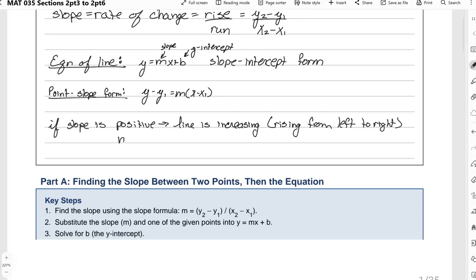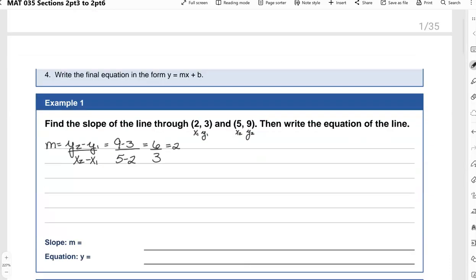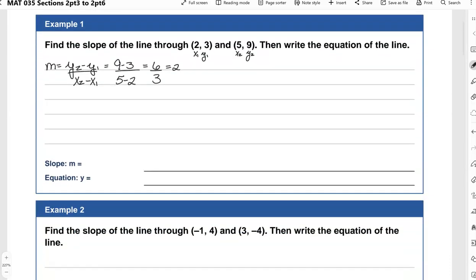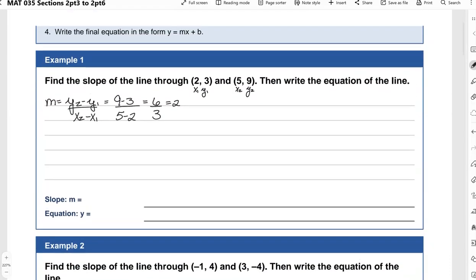But if the slope is negative, then the line is decreasing, which means that line, if I look at it from left to right, is falling. So in this case, positive, which means that we're increasing.